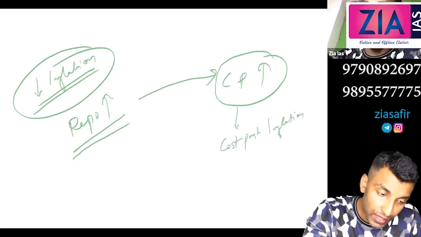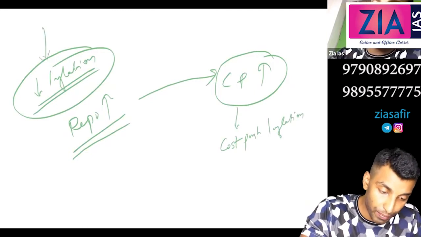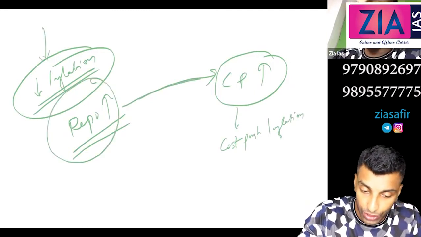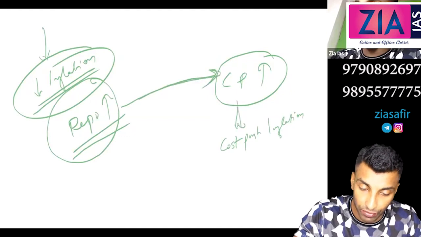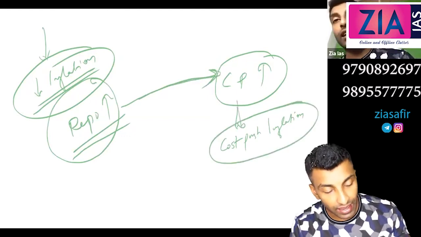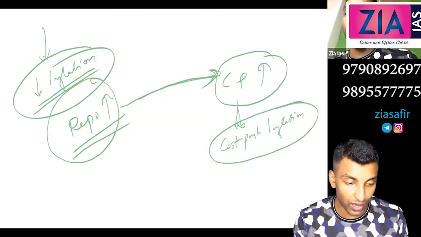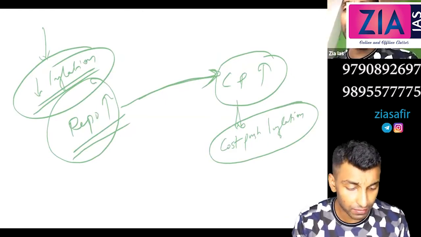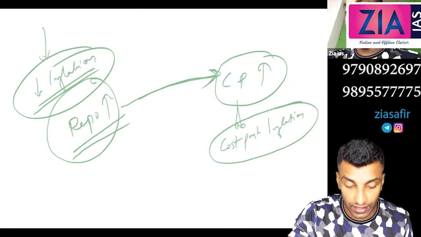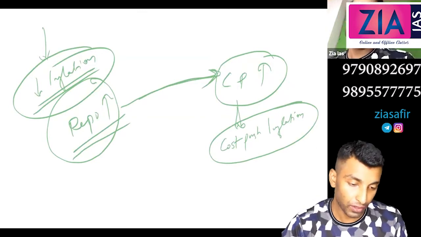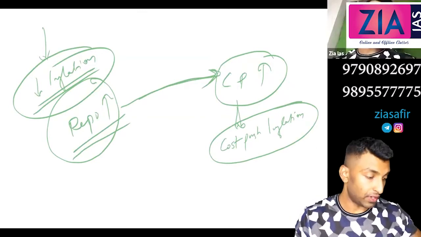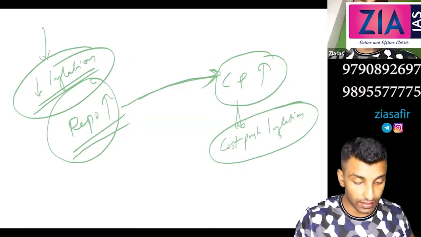So to control demand pull inflation you increase the repo rate, that leads to an increase in cost of production, and that leads to cost push inflation. So can we say by increasing repo or policy rates, the government or RBI can effectively control inflation? There are always limitations for these tools. You understood?